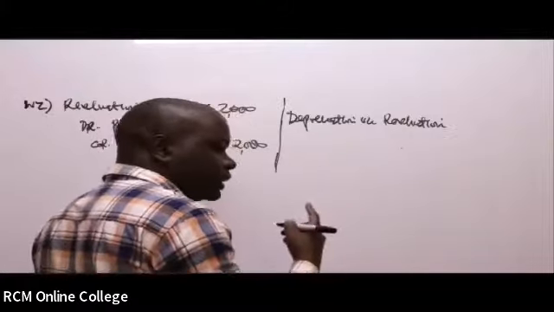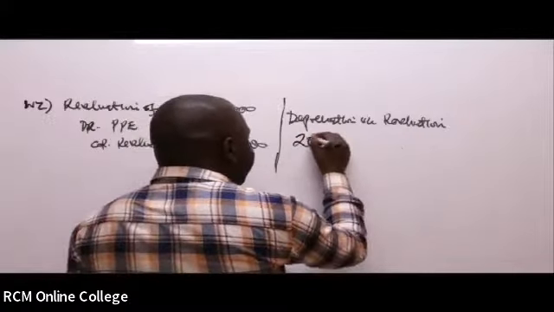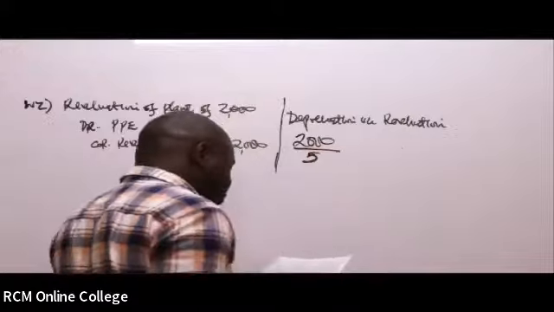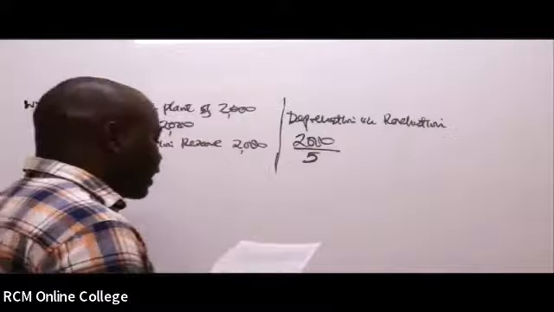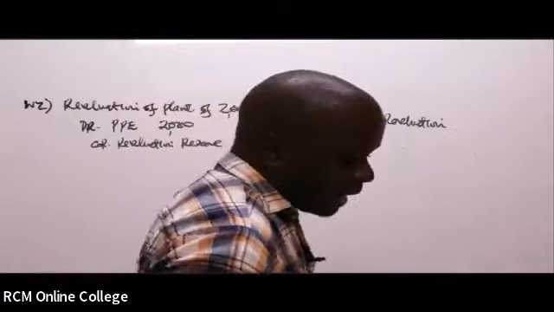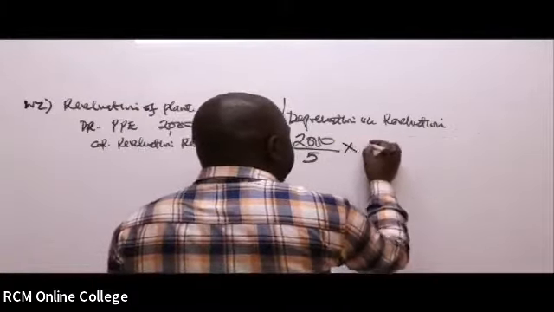So if it is 2 million, it will still exist for 5 years. Each and every year, it will likely lose that 2 million divided by 5. But in this case, it was for only 6 months. That's why I told you it is very important you remember 6 months.